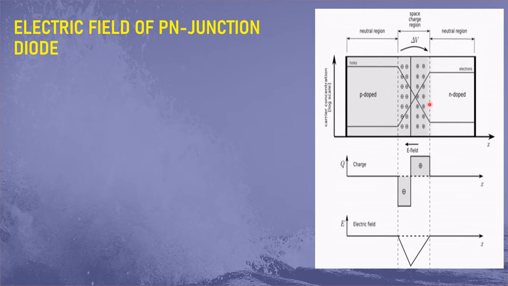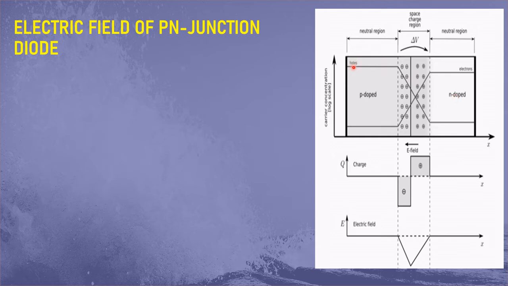This is a PN junction diode. This side is the P side, which is doped by a group 3 element, and this side is the N side, which is doped by a group 5 element. In the P side, the majority carriers are holes and the minority carriers are electrons, and in the N side the majority carriers are electrons and the minority carriers are holes.